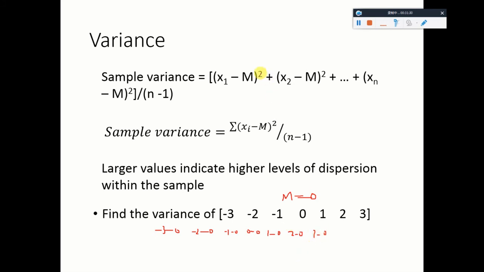Next step is to square all the differential scores. Square them up. There we go.